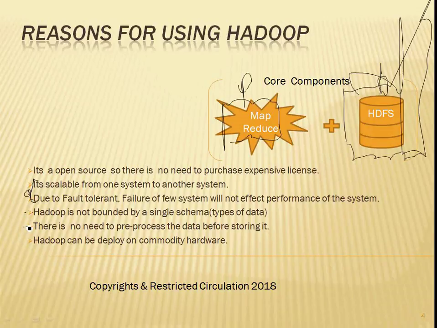The second last point is that there is no need to pre-process the data before storing it. We all know that the biggest advantage of using Hadoop over RDBMS is that RDBMS has certain limitations. When something already exists in the market, why should I go to a second one, right? RDBMS has restrictions in the sense that we cannot use it for unstructured data, but Hadoop can be used for unstructured data.